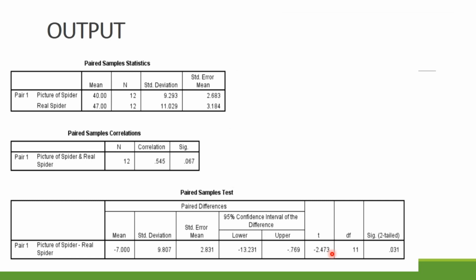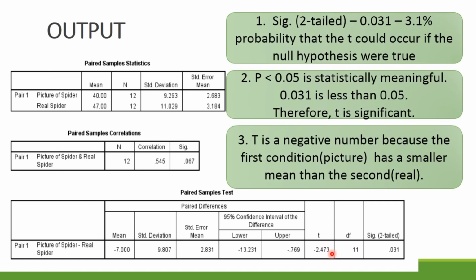Now, everything we've talked about here leads us to three very important points. Number one is that the probability obtained is only 0.031. Therefore, there is only a 3.1% chance that a value of t this big could happen if the null hypothesis were true, or that the experimental manipulation wasn't successful.